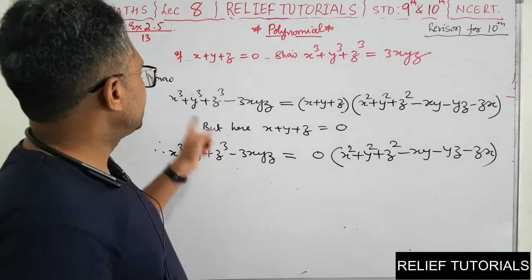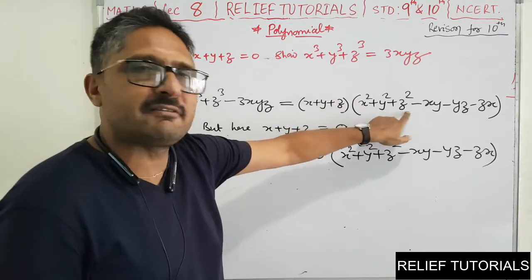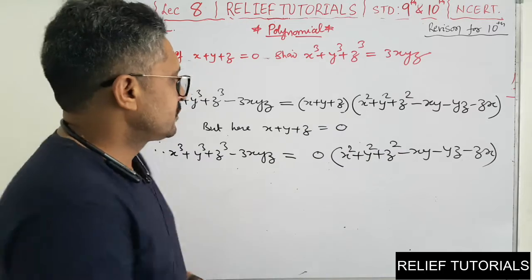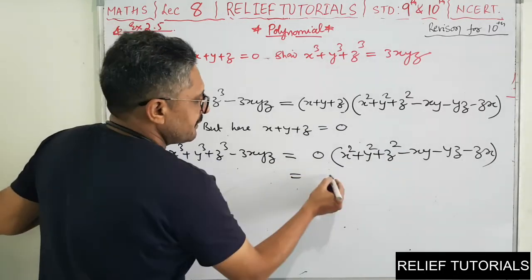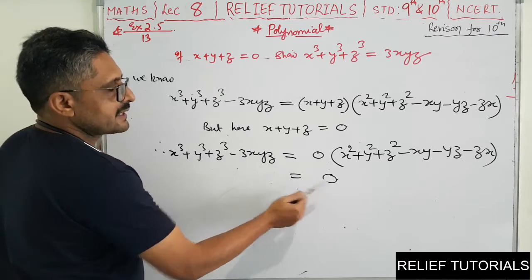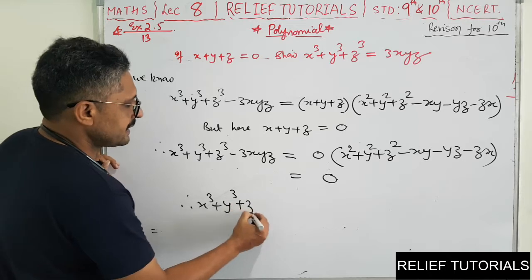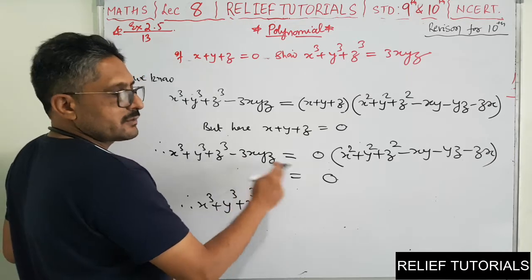Simple, friends. If you know that this is our identity and here x plus y plus z is 0, then 0 into anything will be 0. So now x cube plus y cube plus z cube minus 3xyz is equal to 0.